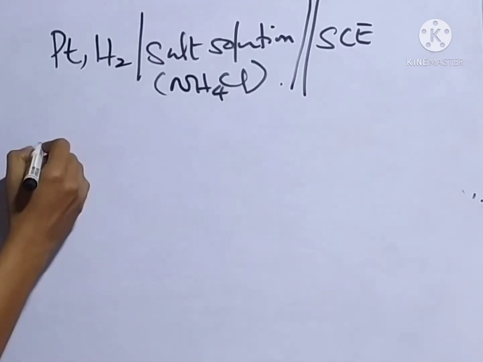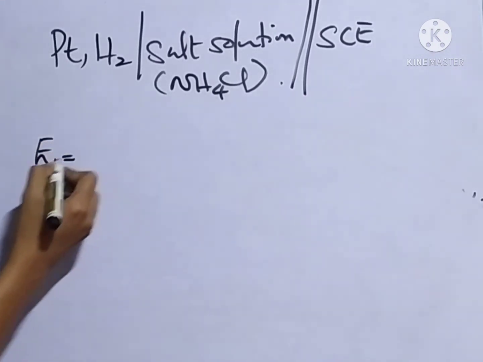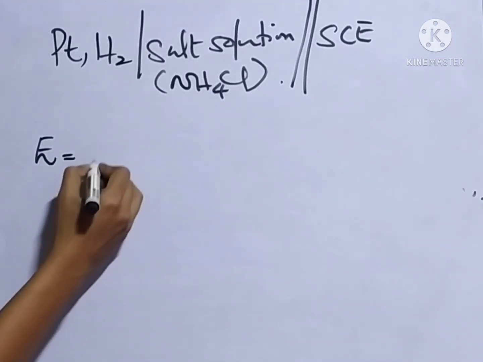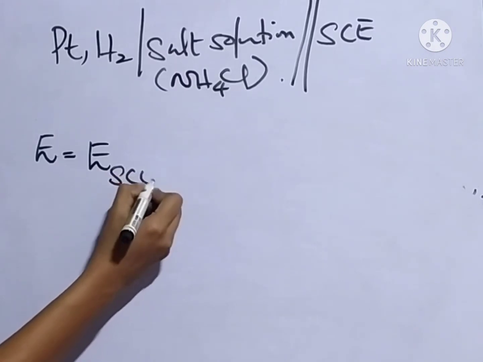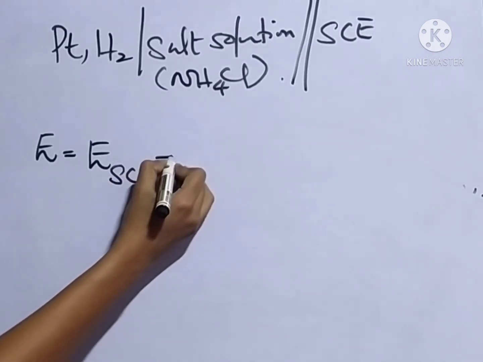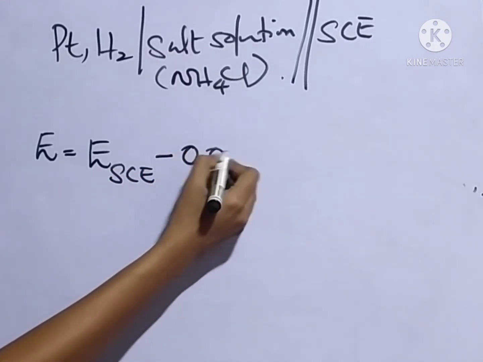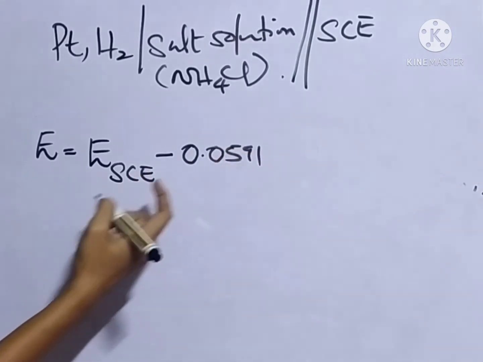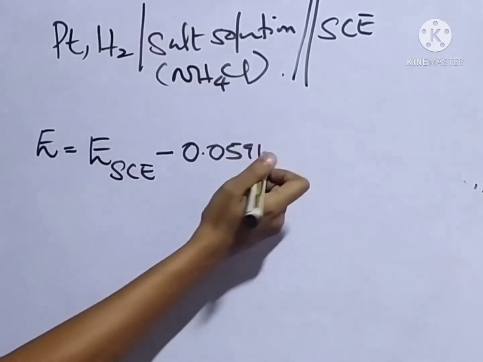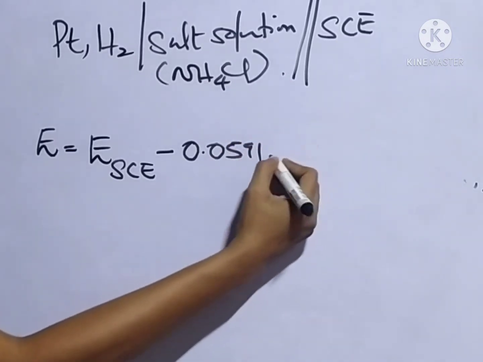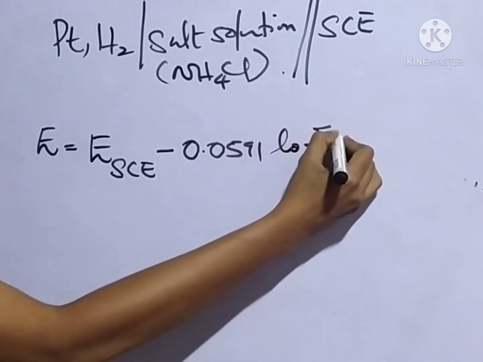Here E will be equal to E of the standard calomel electrode minus 0.0591, since I'm taking the logarithm to base 10, log H+.